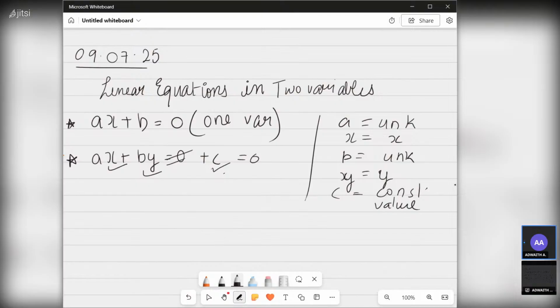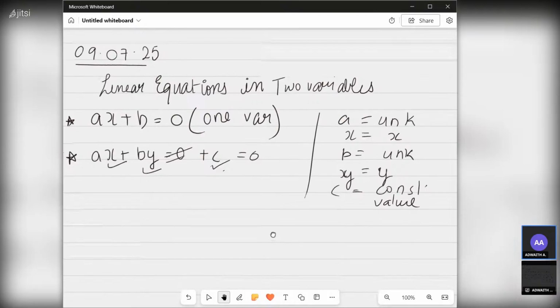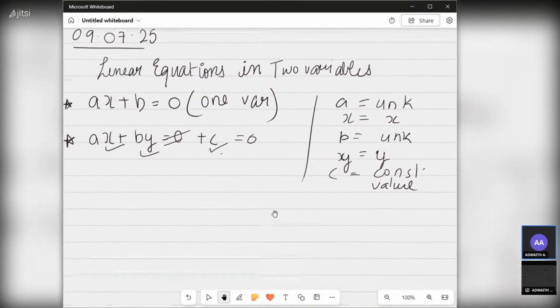So here we have very important steps. Never miss those steps. So we will do some questions on how to do that.